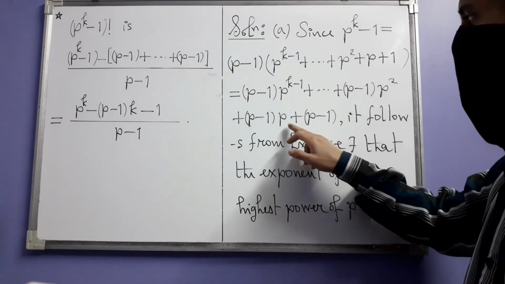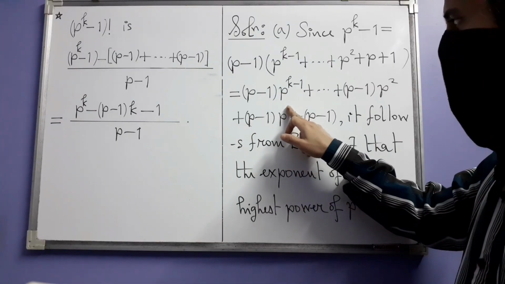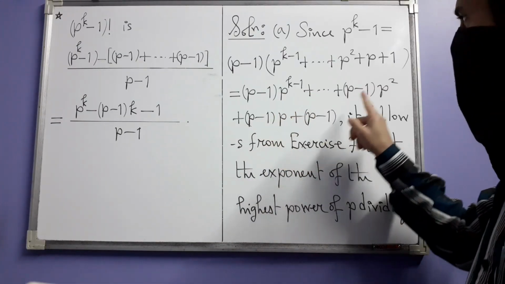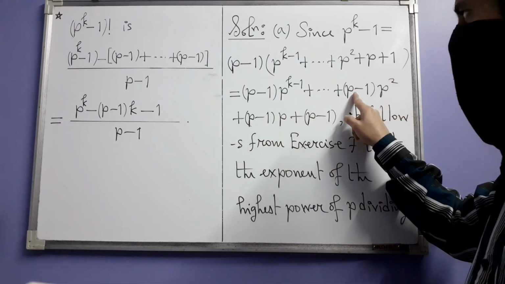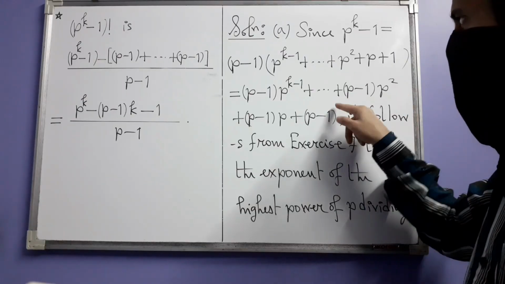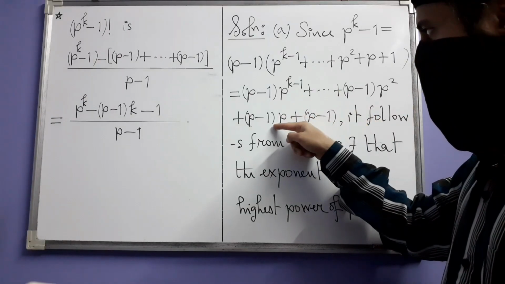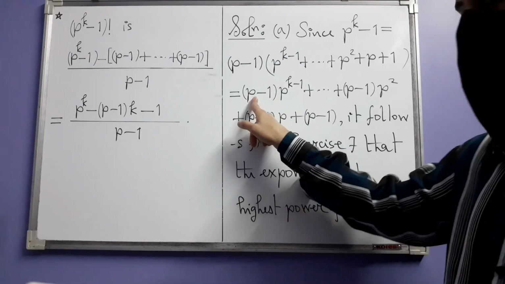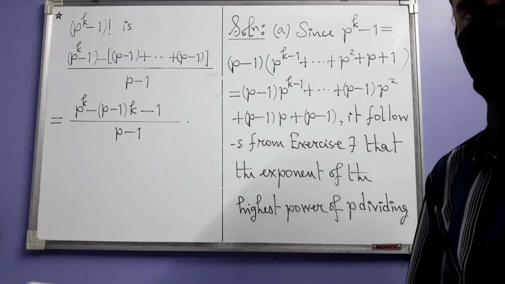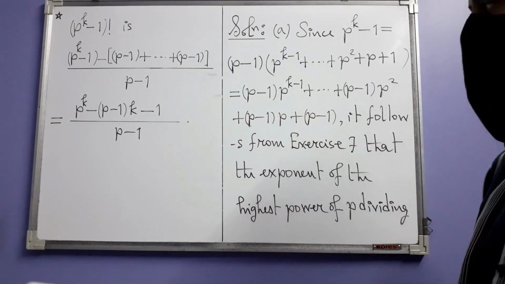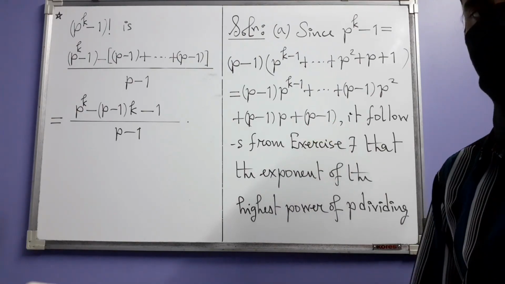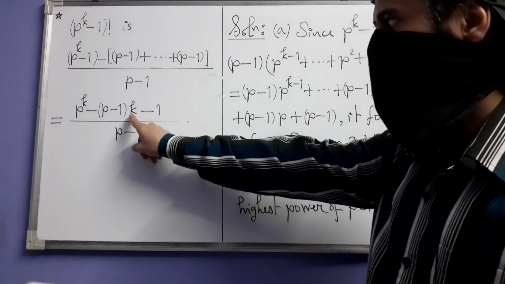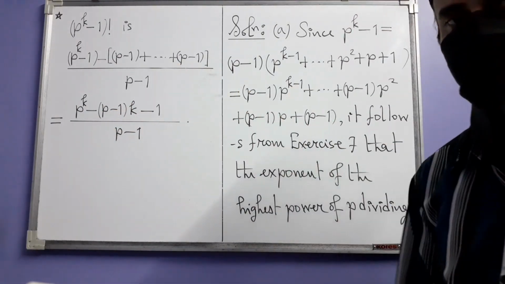If you start counting, for this first power of p you get 1, for the second power of p you get another 1. So like that, if you start counting from here up to this term, there are k minus 1 number of p minus 1 plus 1 extra. That means there are k p minus 1s.